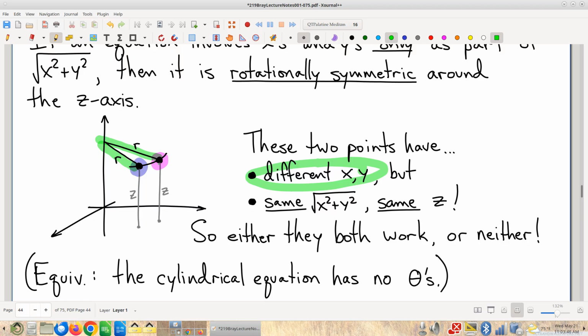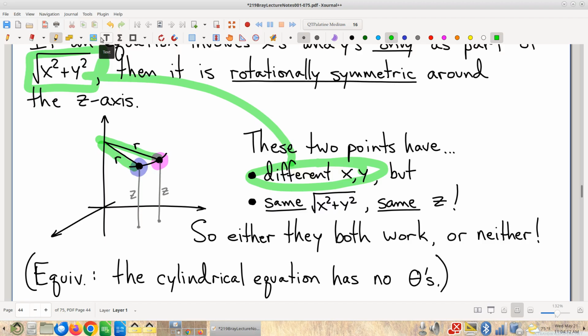And since these are rotations of each other, those distances are computed by the same expression, square root of x squared plus y squared. And if that's the only way that x and y show up in the equation, we don't really care that x and y are different. X and y are just things that produce square root of x squared plus y squared, which are the same for these 2 points.